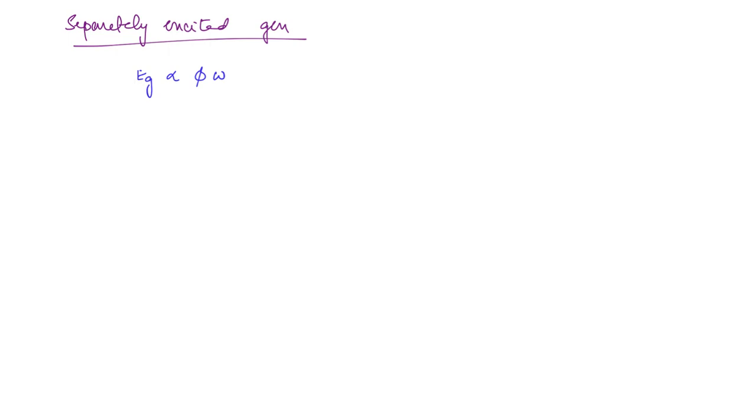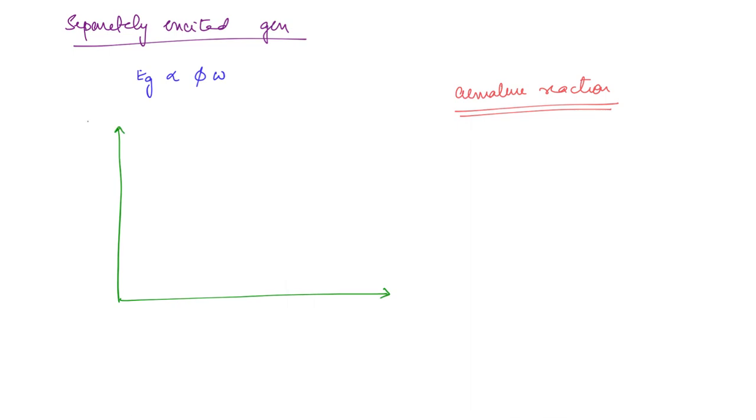But again, what will come into the picture? The armature reaction. Armature reaction will result in a demagnetizing effect, right? And it will depend on the armature current. So ideally, Eg should be constant with respect to the armature current. So this is the ideal characteristic.